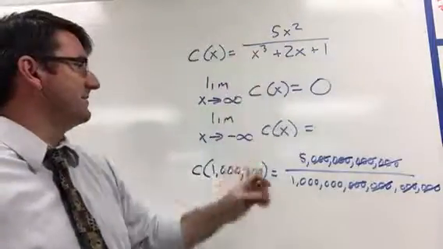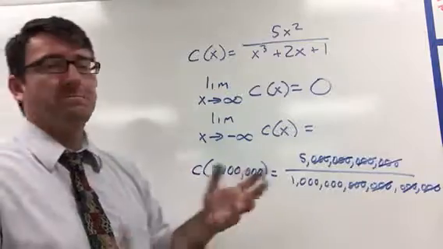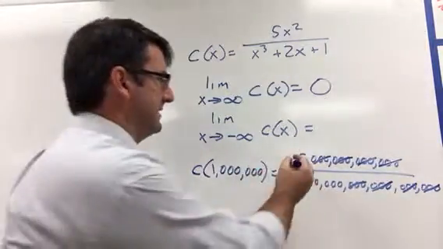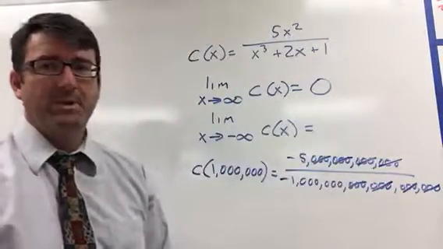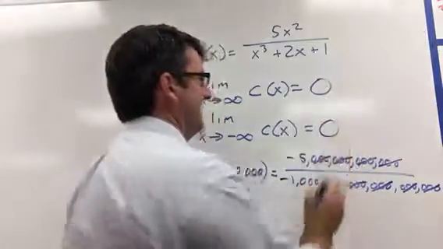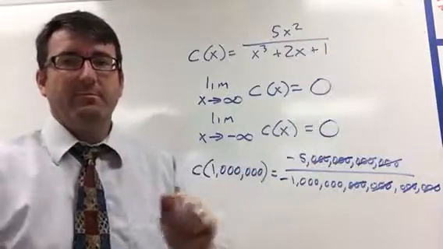And then on the other side, if we plugged in negative numbers, it's going to be the same thing. We'll have negatives, but they're going to be getting closer and closer to 0 as well. And so we'll say that the end behavior is 0 in both directions.